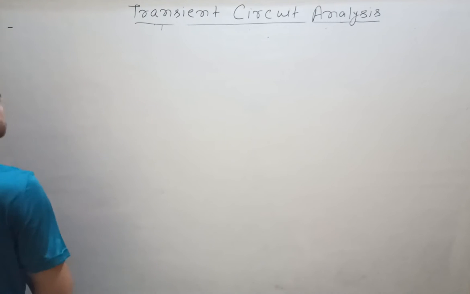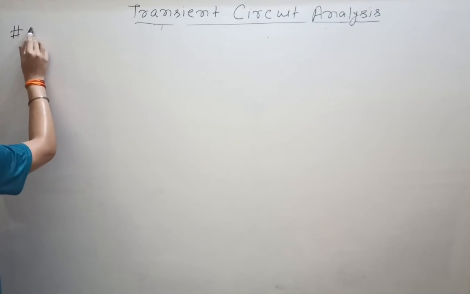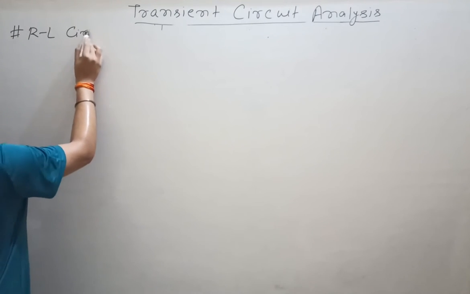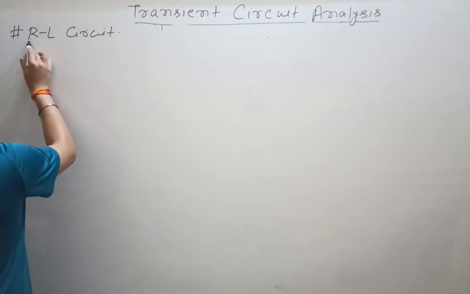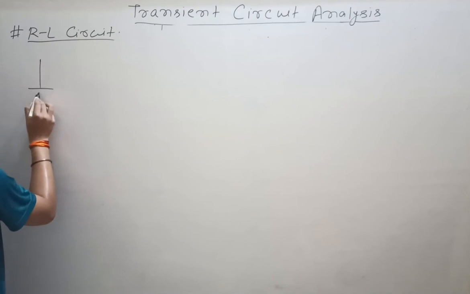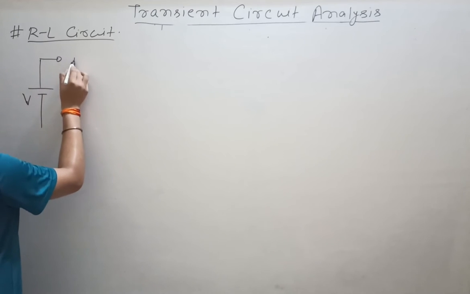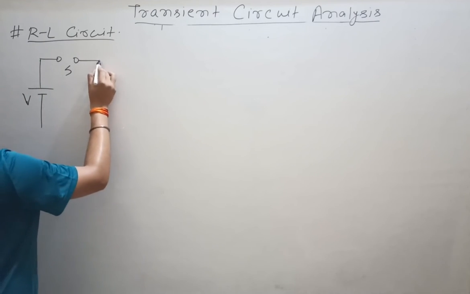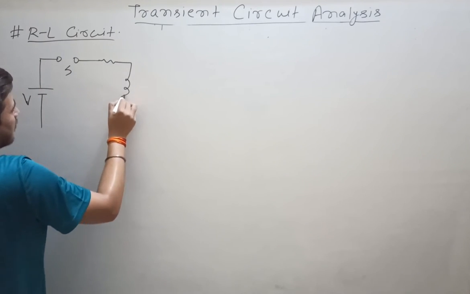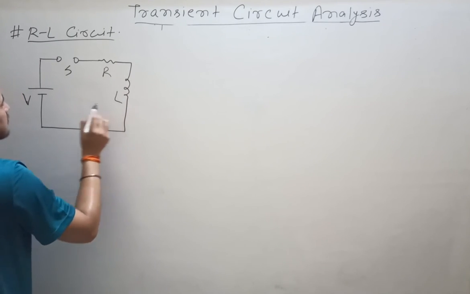Clear? So let us take first RL circuit. Suppose you are having a voltage source V, a switch S, and a resistor and inductor connected in series in this circuit.